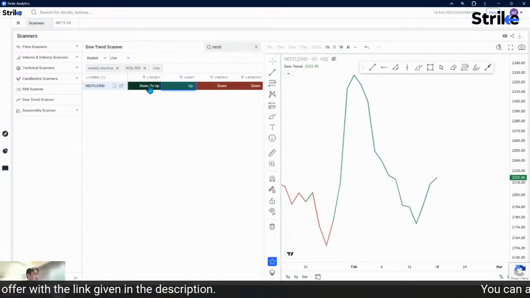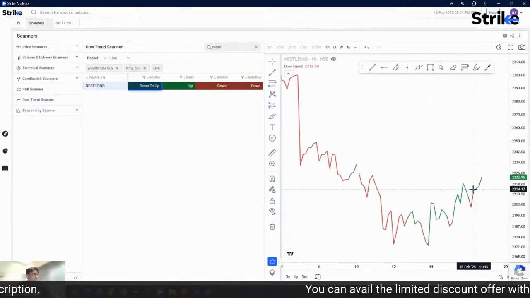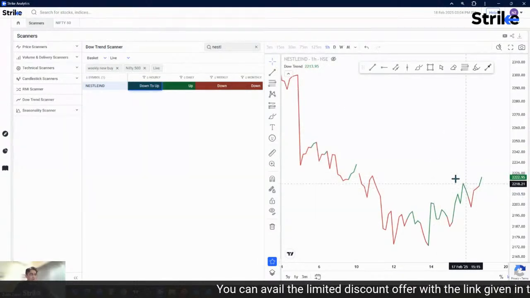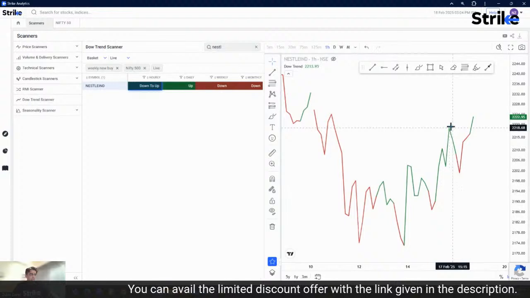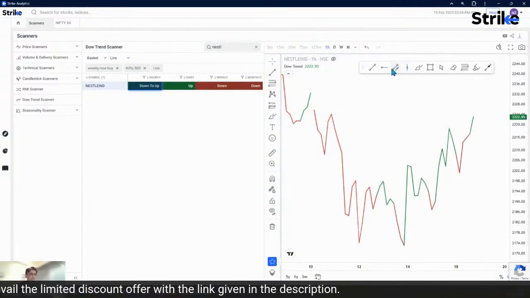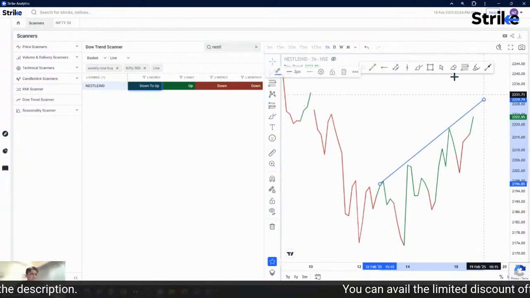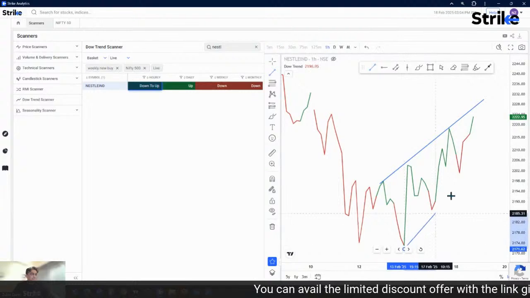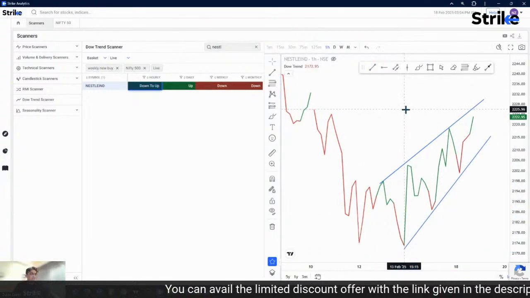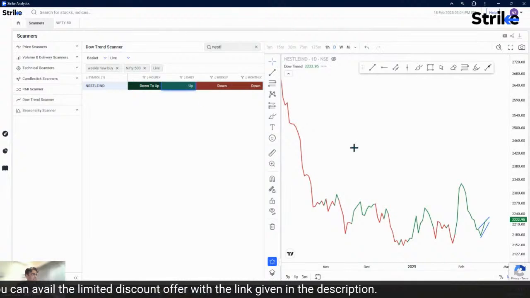on Nestle you can see that the hourly Dow trend has converted from down to up. A major top has been breached over here. It is a big top. So as it is, the stock is right now on the hourly time frame trading in this particular channel. On the daily time frame, the trend is up.